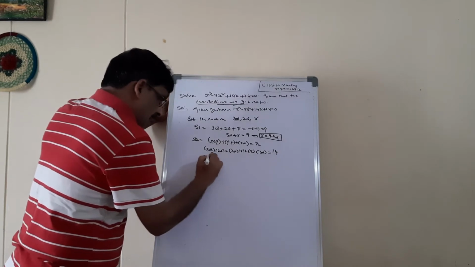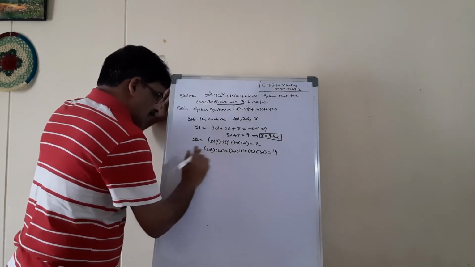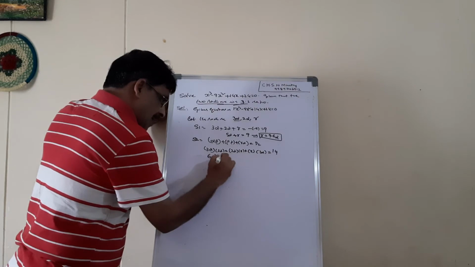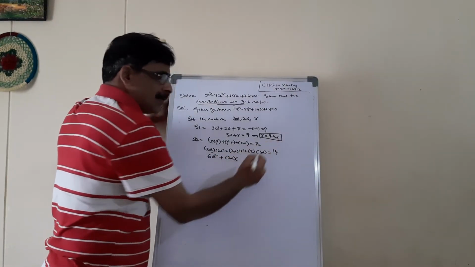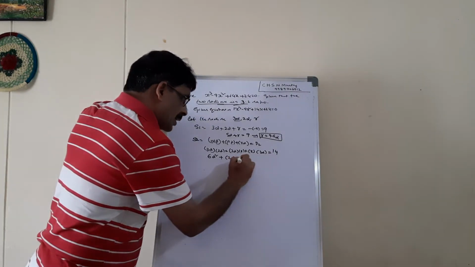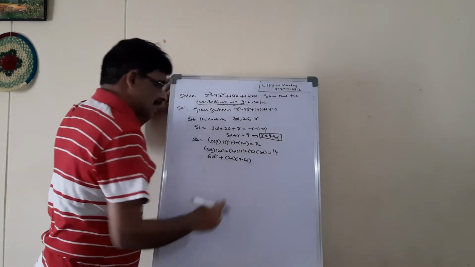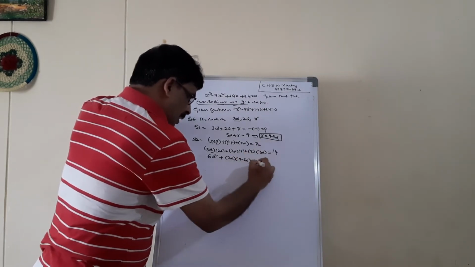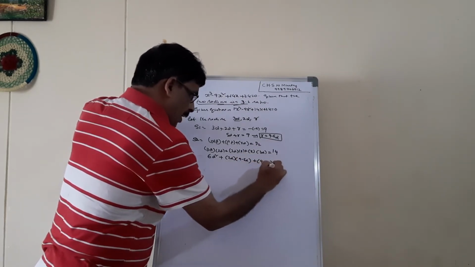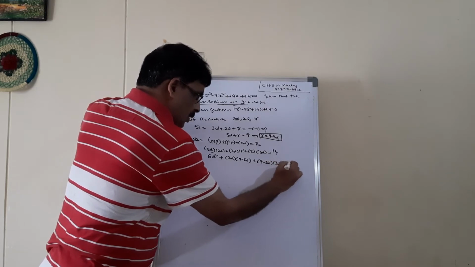Here, 3 alpha into 2 alpha is 6 alpha square, plus 2 alpha into gamma. What is our gamma? Gamma is 9 minus 5 alpha, in terms of alpha, plus again gamma, 9 minus 5 alpha, into 3 alpha equal to 14.